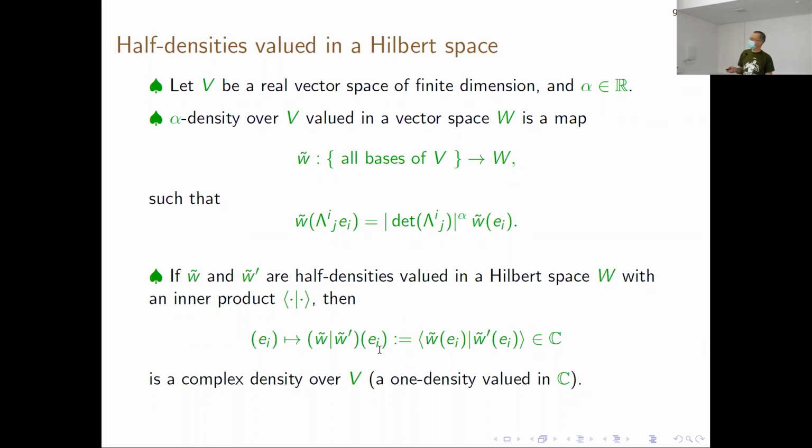It is easy to realize that this map is a complex one density over V, complex meaning that it is valued in C. So this map maps two half densities into one complex density, and I will call this map a density product.